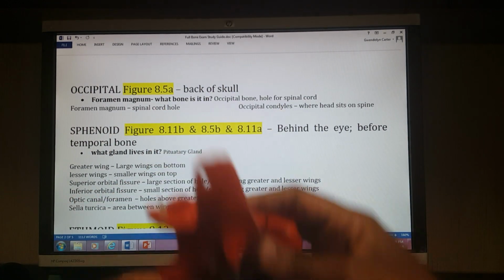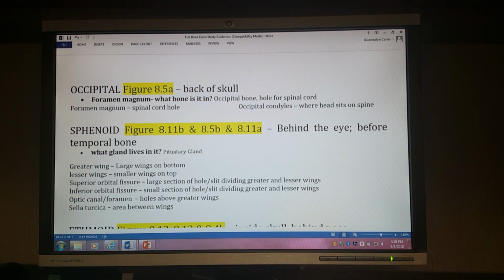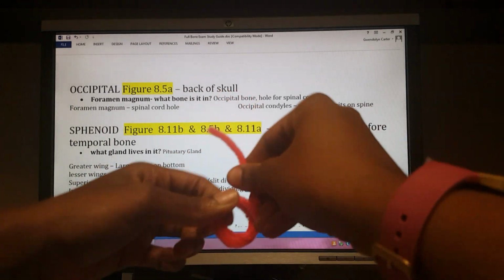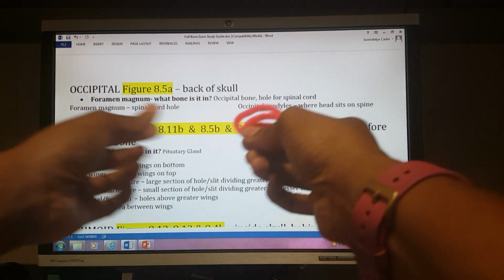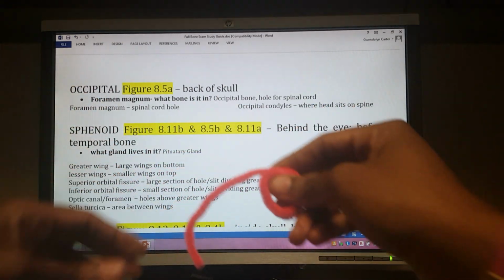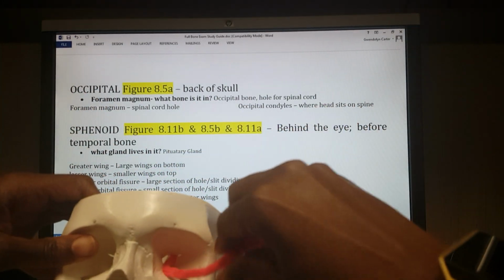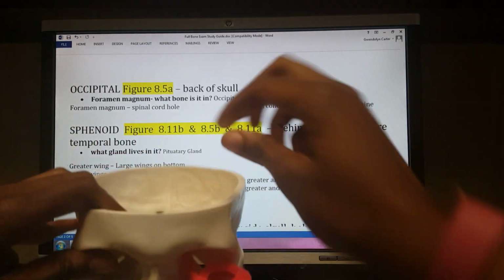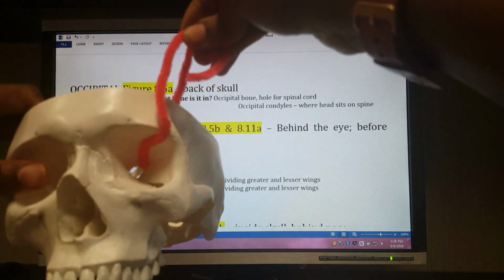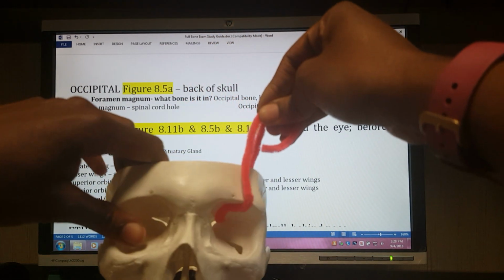The superior orbital fissure. For your exam, to note that I'm talking about a hole, I will run a pipe cleaner through that hole and then have it twisted with it labeled whatever number and letter it needs to be. It'll run through particular holes, and then you'll be able to specifically know which hole I'm talking about.